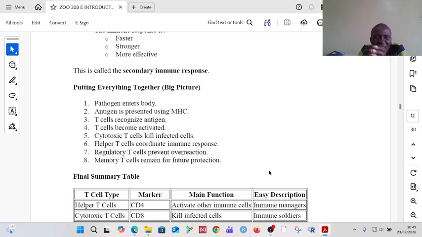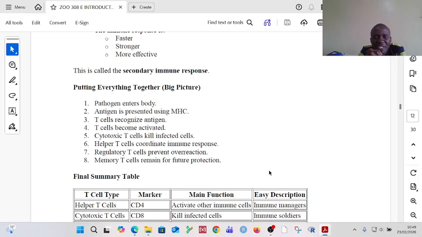Once the T cells recognize the antigen, they will be activated. Upon activation, various types of T cells start doing their work. When the T cells are activated, the cytotoxic T cells kill the infected cell or the abnormal cell. The helper T cells help in the coordination of the immune response.